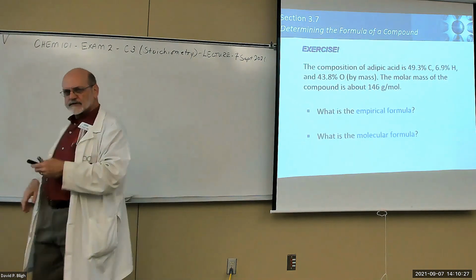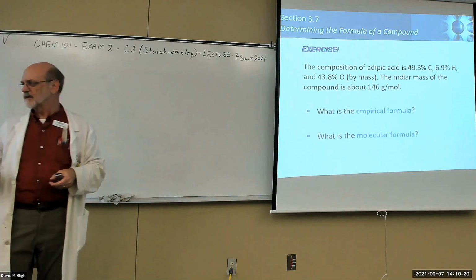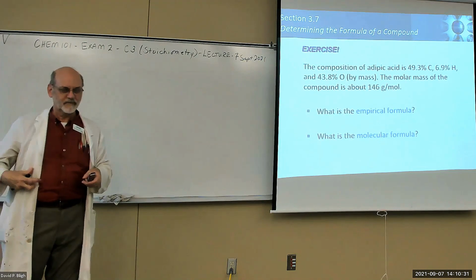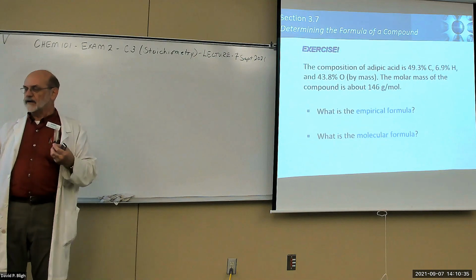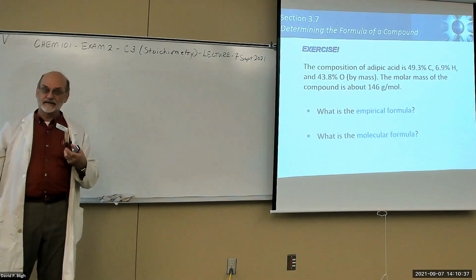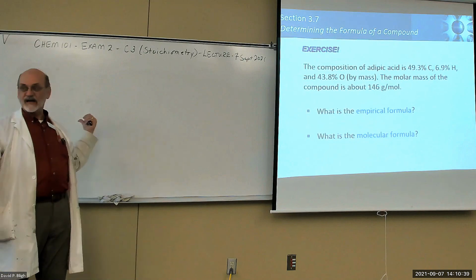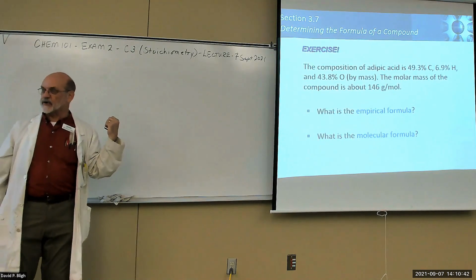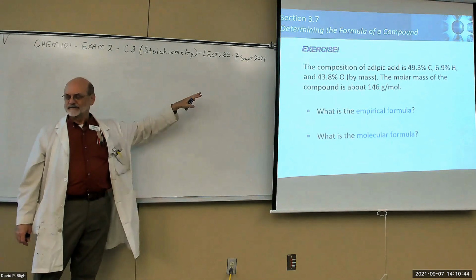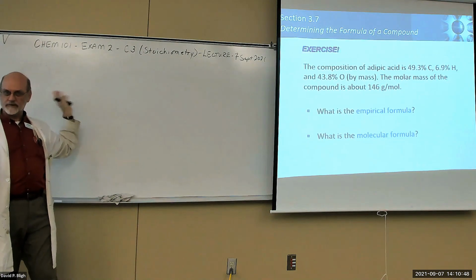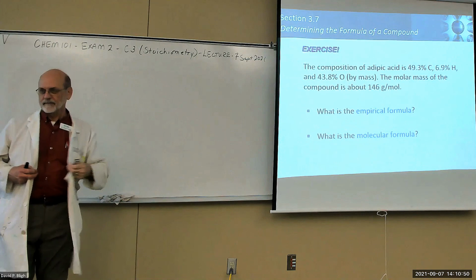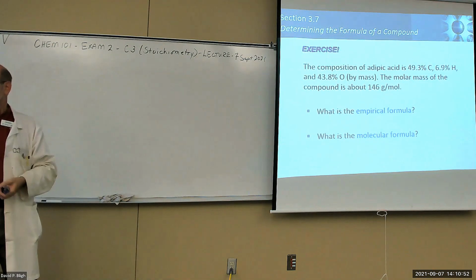Anybody have any grandparents that still make their own soap? No. Okay. You just take fat, lard, and you add sodium hydroxide to it, lye, and it breaks that bond, and it makes the sodium salt of the acid attached to the acid end, and then the glycerol is left over. That's how it works.